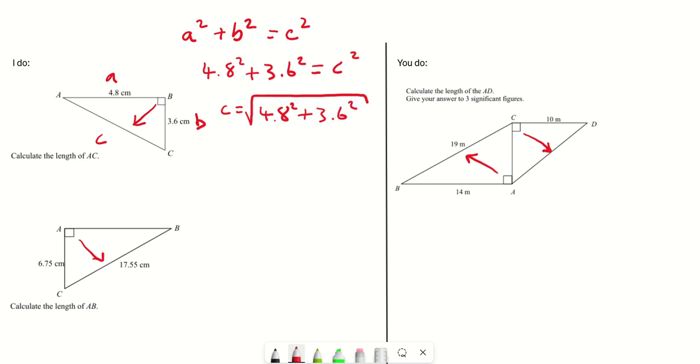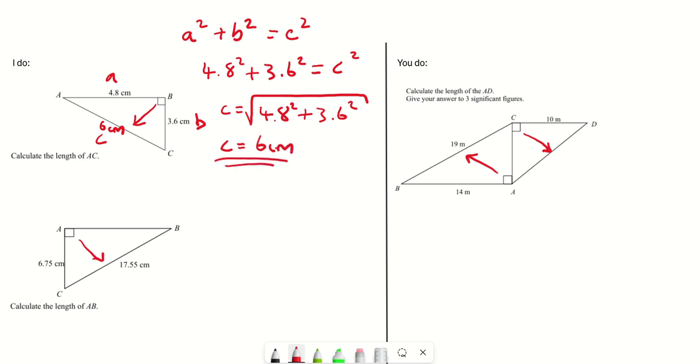So that equals 6. So c for this one equals 6. The side length here is 6 centimeters.